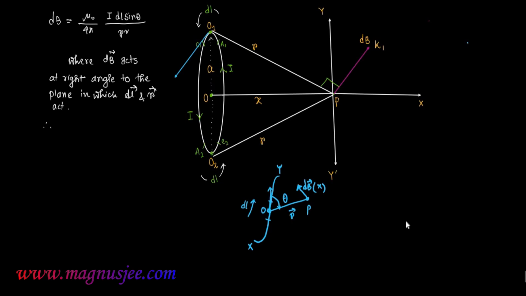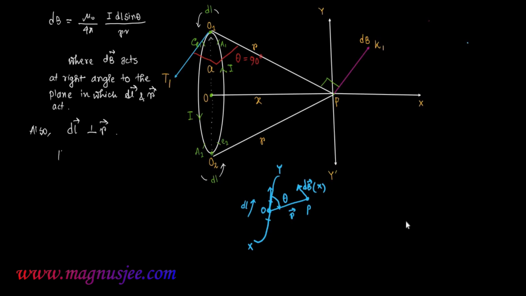Similarly, at O1 we can draw a tangent OT1. This tangent OT1 makes an angle theta equal to 90 degree with the oblique distance r of the point P from the coil. The tangent on the current element A1C1 makes an angle theta equal to 90 degree with the oblique distance r.